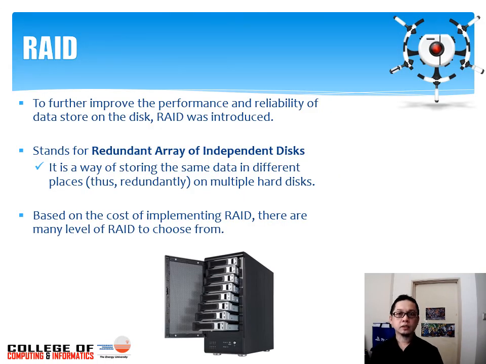RAID is an acronym for Redundant Array of Independent Disks. It is both a hardware and a method where data can be backed up, and there are many ways the data can be backed up on the RAID architecture.